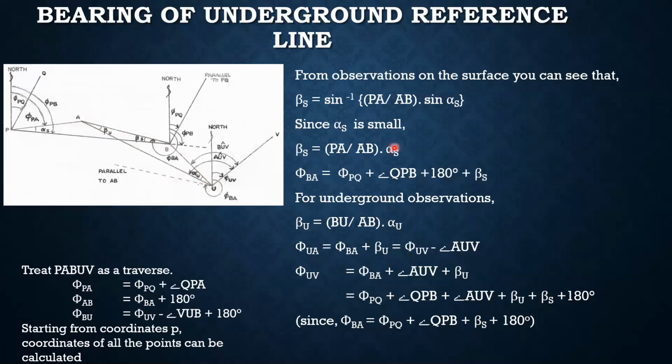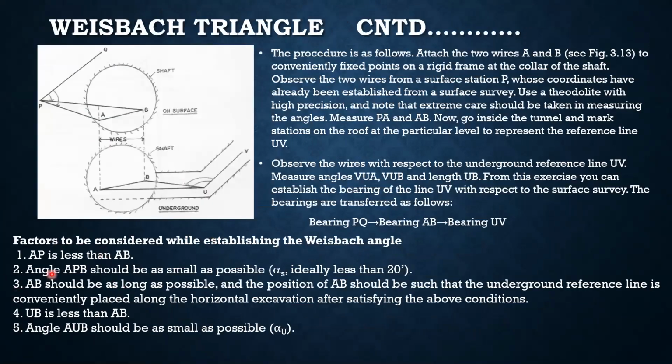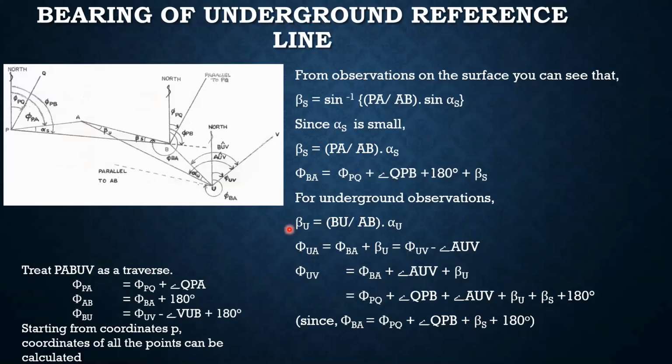This is quite similar to this one here. Since alpha U is small, and I think you remember in the previous slide, we have selected this point in such a way that it will satisfy our conditions. So you have to make sure that we follow those conditions. Otherwise, our assumptions may not be correct.